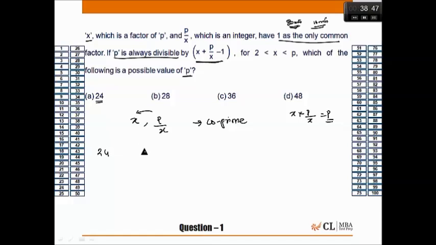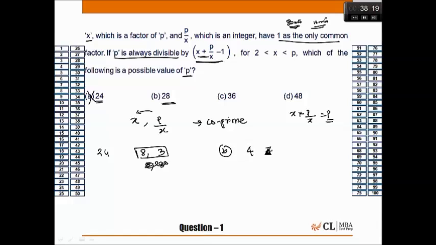So if it is 24, I can say it is either 8 and 3 or 3 and 8. Do I have to consider both cases? Anyway, given X plus P by X, the permutation doesn't matter. Let's take the combination only. 8 and 3 is the only case. So it says that P is always divisible by it. So 24 should be divisible by 8 plus 3 is 11, 11 minus 1 is 10... 24 is not divisible by 11. Option A goes. Option B, 28.